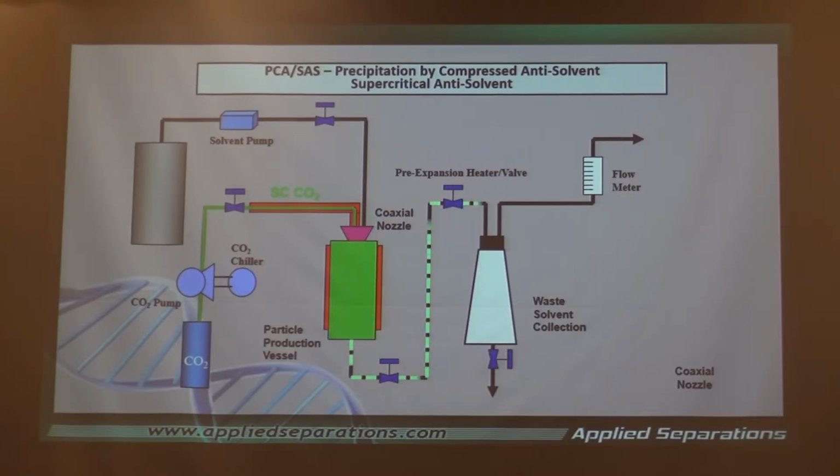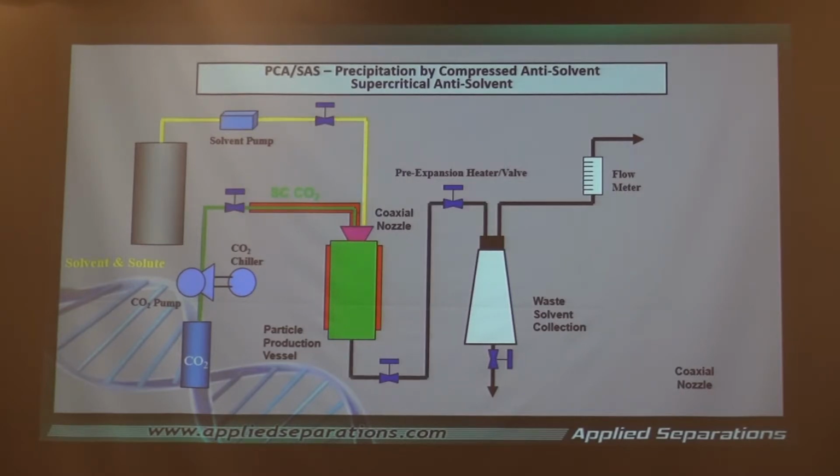This time we're going to go through a coaxial nozzle, and I'm showing that right here. So we do the same thing, bring our solvent and our solute through, but this time, instead of just putting it in, we're going to spray it through this nozzle, and this gets yet some more mixing.